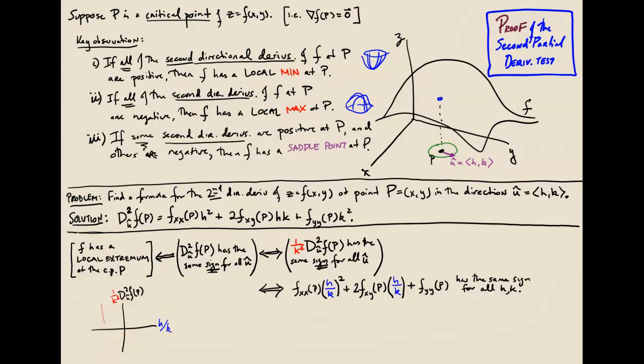What we don't want is something like this, where it actually crosses the horizontal axis, where sometimes it's positive and sometimes it's negative. So we ask ourselves, is there some kind of analytic way of capturing parabolas like these that do not cross the horizontal axis? Because that's what we want.